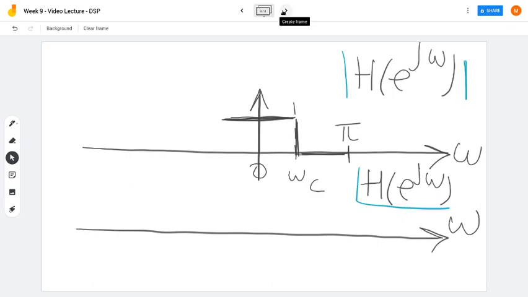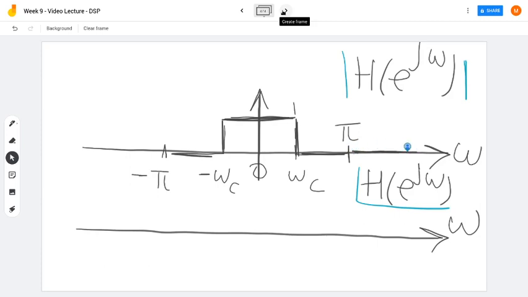In other words, the magnitude spectrum will be even and the phase spectrum will be odd, which basically means that whatever is happening from 0 to pi will be repeating from 0 to minus pi over here. So we will be having a cutoff frequency minus omega c and minus pi. And again, we are only specifying the frequency response over the interval from minus pi to pi because this is one cycle and it will be repeating, which means that the spectrum for the digital low-pass filter would go like this.